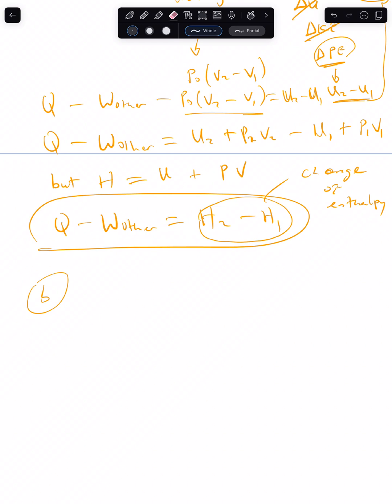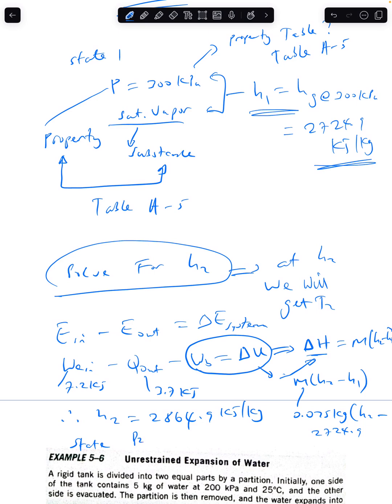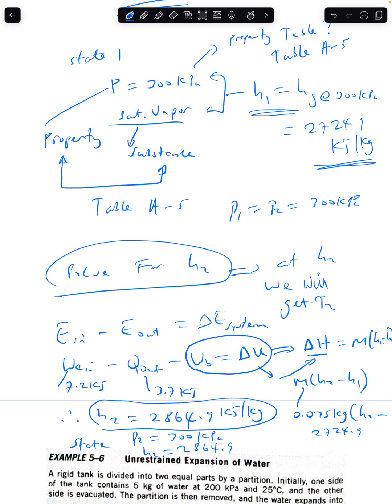I say state 2. I have P2, which is constant pressure. So P1 was equal to P2, which was equal to 300 kilopascal. So I have 300 kilopascal, and H2, which I solved for, is equal to 2864.9 kilojoules per kilogram.